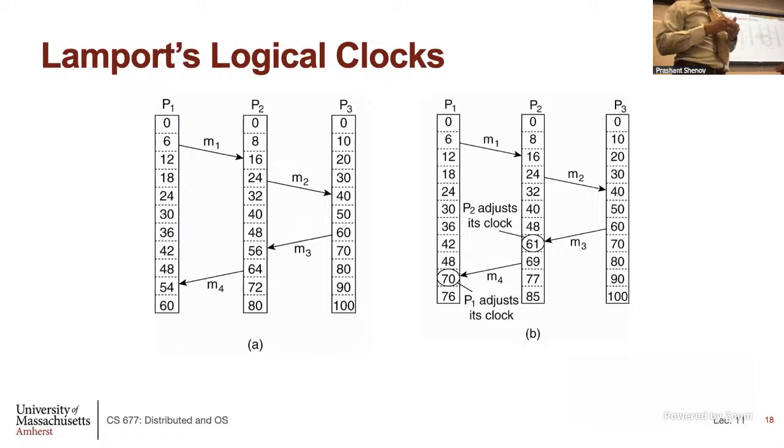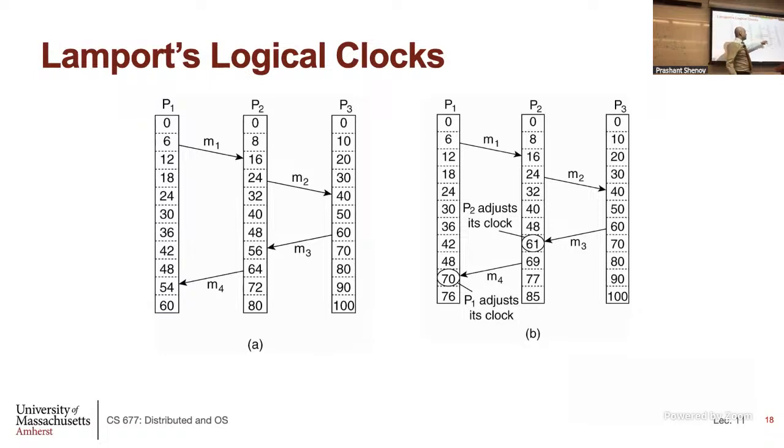Okay? So in any case, here is an example of what is shown. These are processes, these are logical clocks. In the first case, you will see that you are actually not making any adjustments here. In particular, if you look at M3, you'll see the sender has timestamp 60, the receiver has timestamp 56. If we didn't do anything, we are not respecting the property that the receipt has happened after the send because the timestamp here is lower.